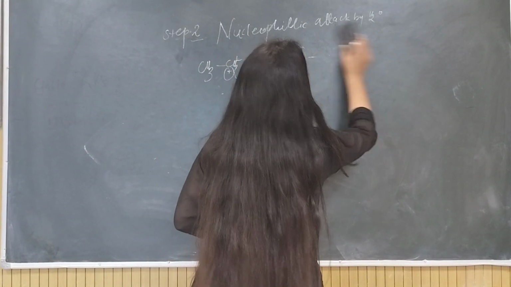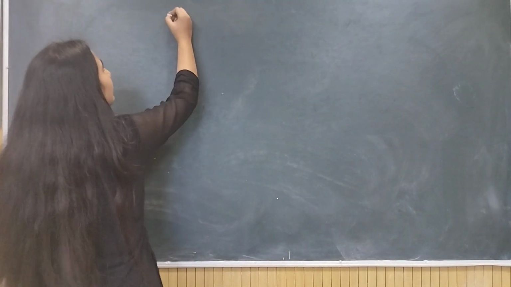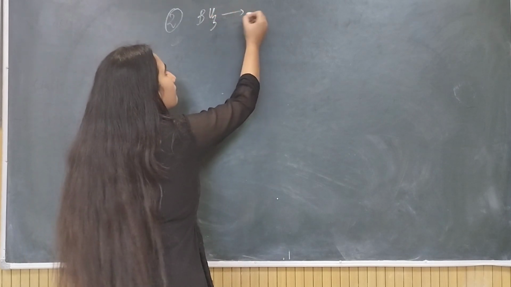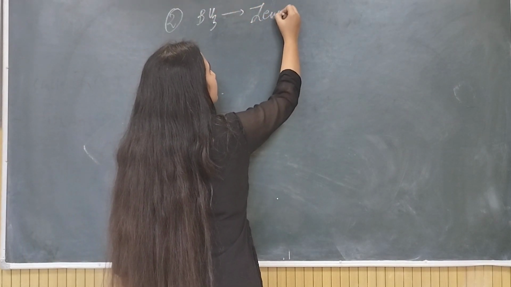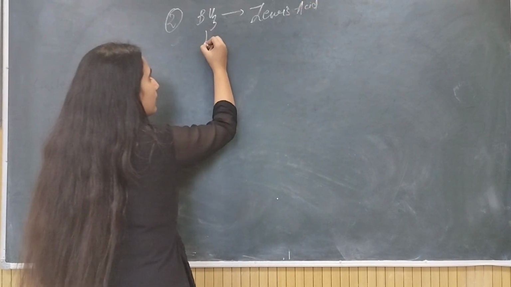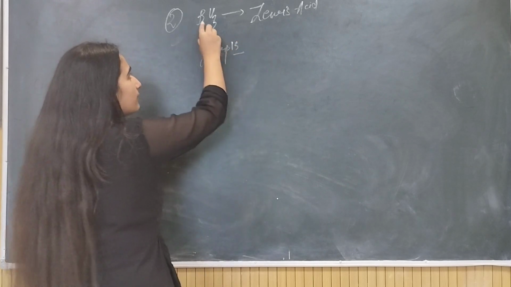It is hydroboration and oxidation. It takes place with the help of BH3. BH3 is a Lewis acid. Boron belongs to group 13.